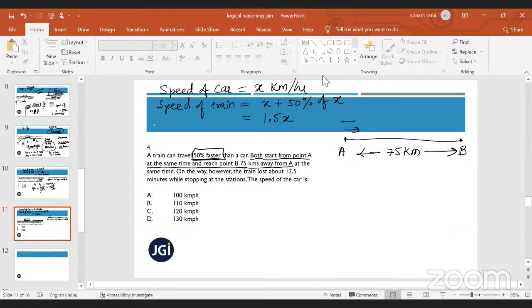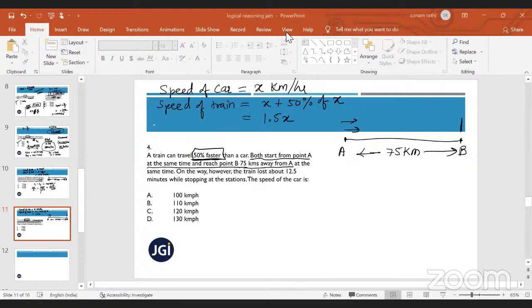Train is going and car is also going and reaching point B at the same time. But it is not possible naturally because train speed is more. So whose speed is more? Train's speed is more. Ideally, who should reach first?